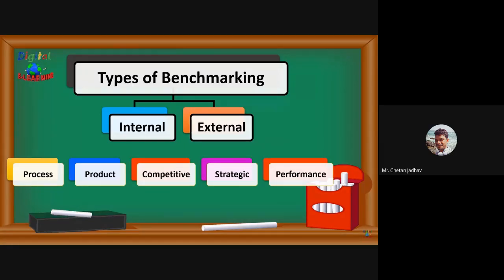It is used when identifying and analyzing world-class performance. And finally, we have performance benchmarking. So in performance benchmarking, it allows the initiator firm to assess their competitive positions by comparing products and services with those of the target firms. So these are the types of benchmarking we can talk about.